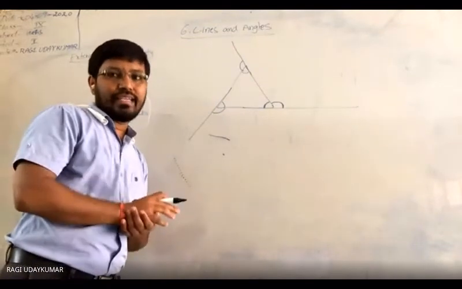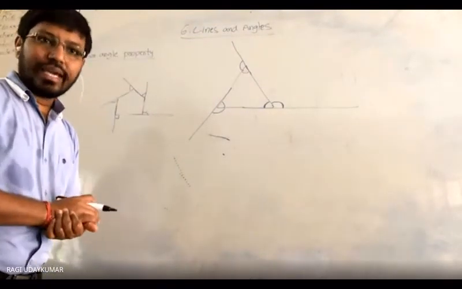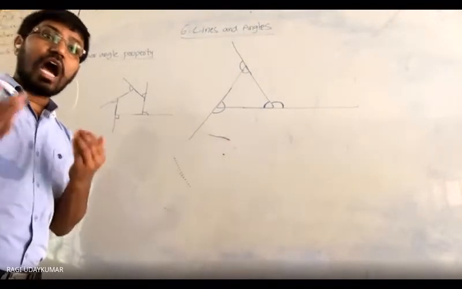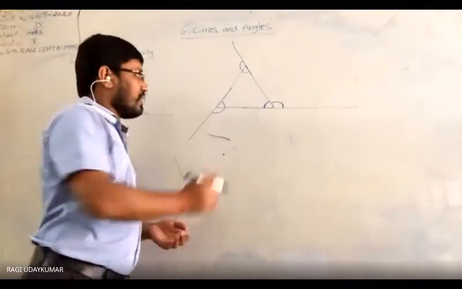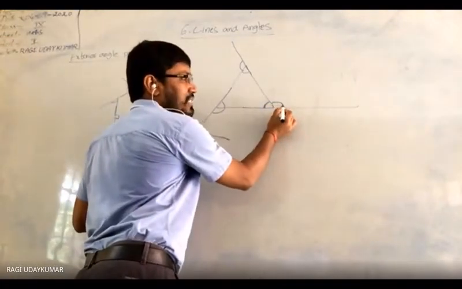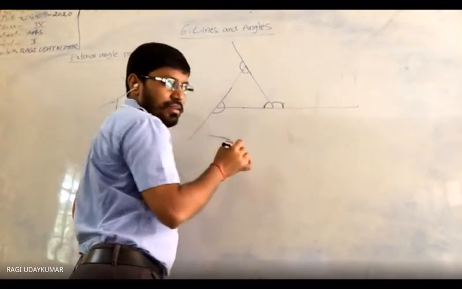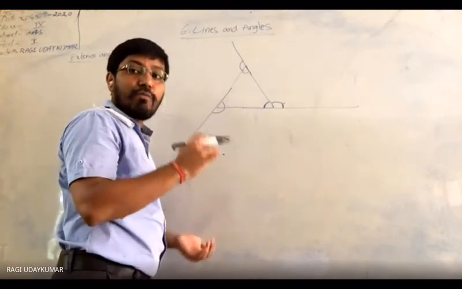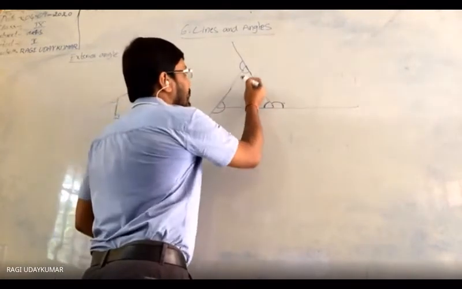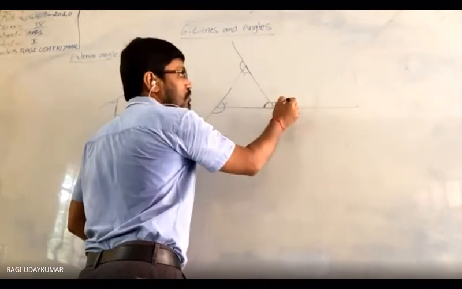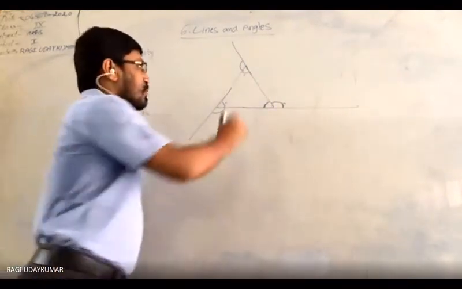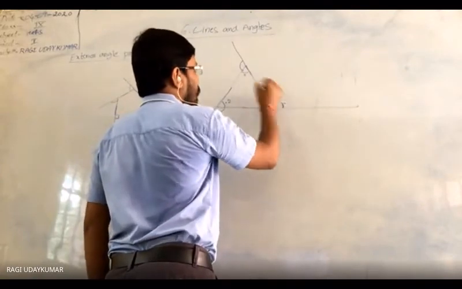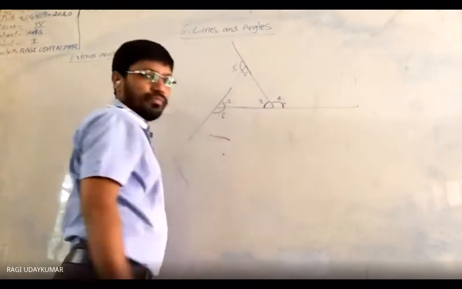But now in case of the triangle, each exterior angle is equal to the sum of the interior opposite angles. So this exterior angle, if you consider it, these two angles are called interior opposite angles to this angle. Suppose you name these 1, 2, 3, and here you take 4, 5, 6.